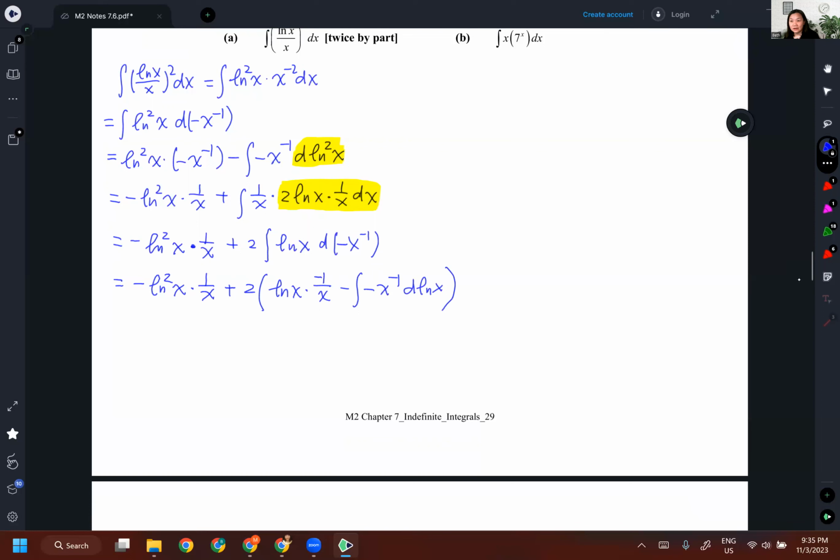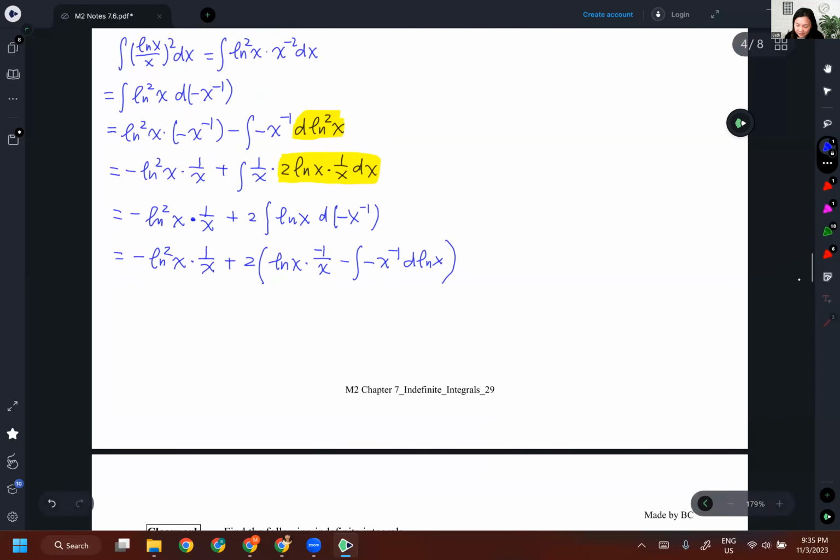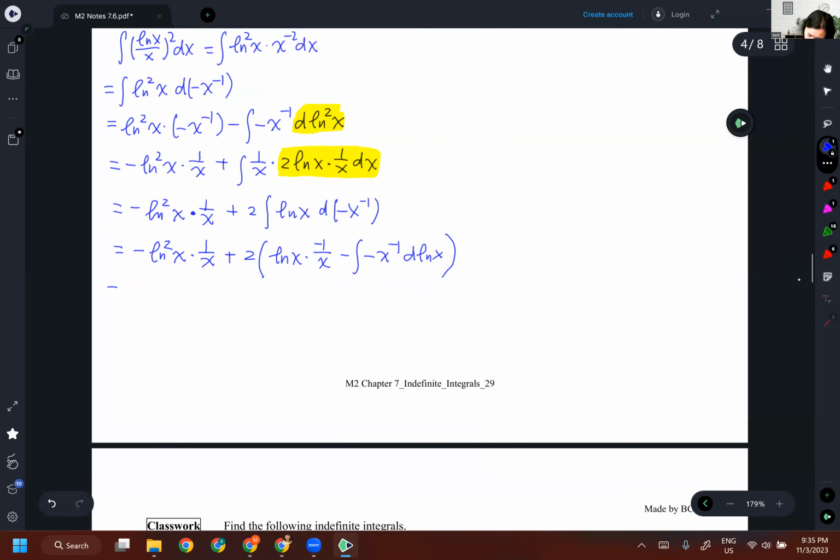Now, second time, there's a lot of negative. I need to deal with the negative first. This one is 1 over x dx.